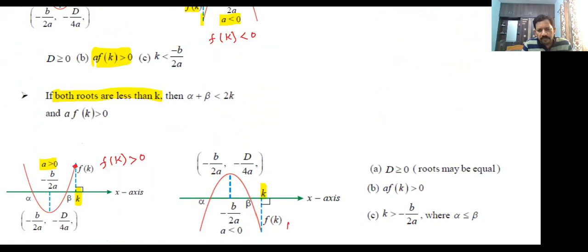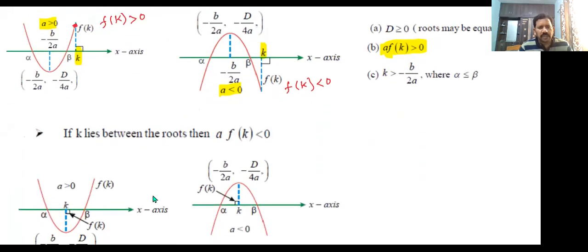Now here, f of k is negative and a is less than 0. So in both curves, observe that a and f of k have the same sign, so their product should be positive. A into f of k greater than 0. Whether both the roots are greater than k or less than k, whatever it may be, a into f of k value is positive. Students understood? Right.